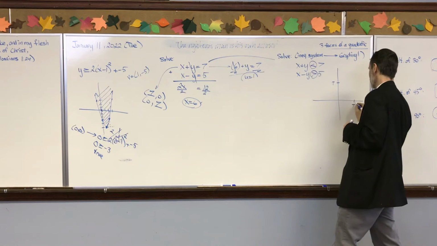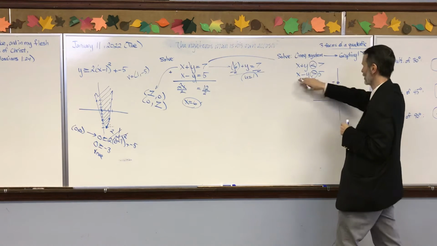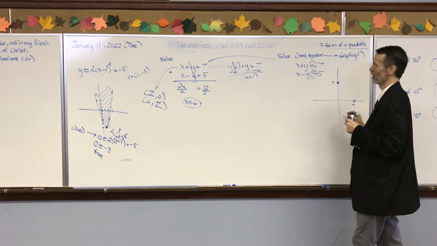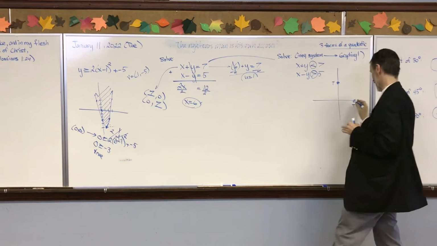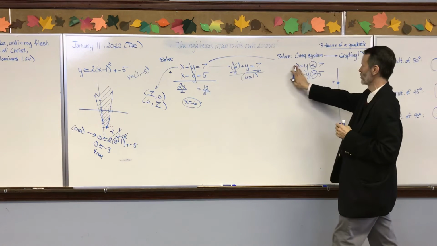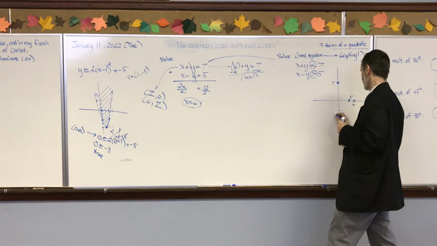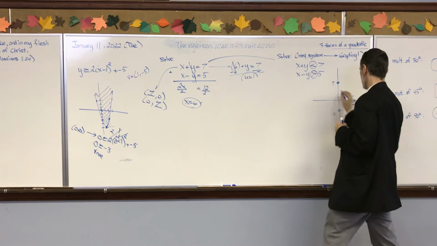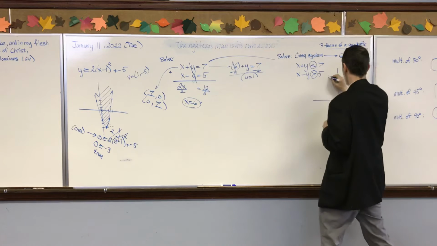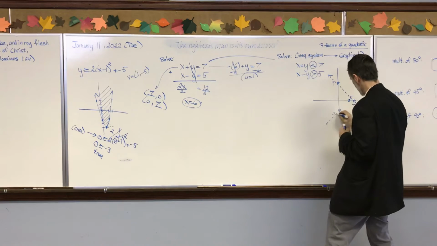And on the x-axis, correct. How about on bottom one? Where's the x-intercept? Pretend y is 0. At 5. At 5, okay. And then where's the y-intercept? At -5. Negative 5, okay. So we have dotted and dotted.